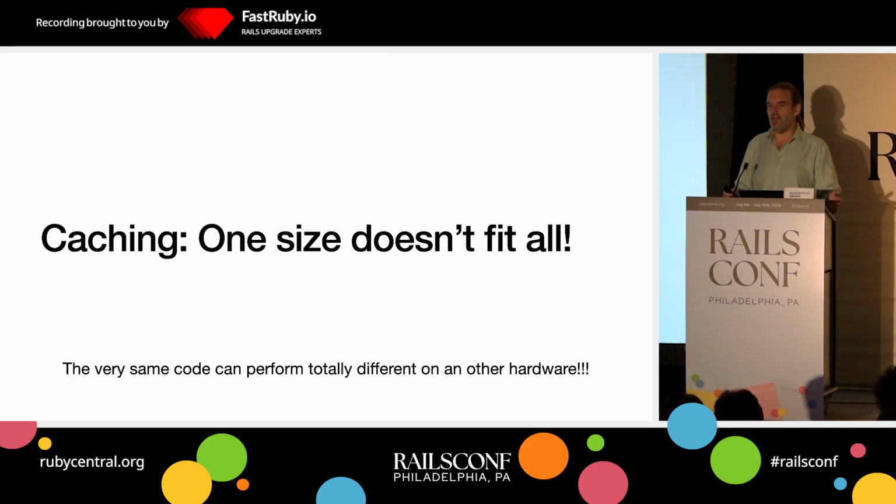So the very same code can do well on one machine and not so well on the other. So you really want to either understand your hardware or just try it. Write yourself a rake task with some benchmarking and test out what your idea is and then see what happens. Again, one size doesn't fit all in this aspect.